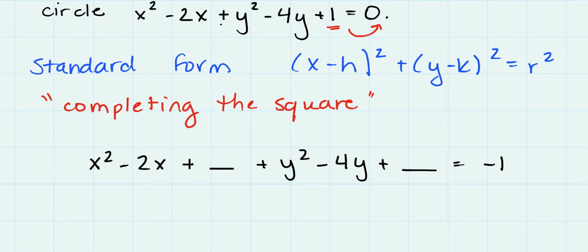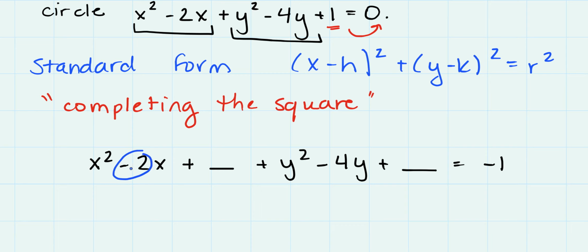And now I'm separating what's left. What you would have left is this x squared minus 2x and this y squared minus 4y, because this is now on the other side. And now I'm adding a plus and a blank and a plus and a blank. You see how I did that? Because I want to put a number here, and I want to put a number here. And the number that I'm going to put here depends on this number right here.